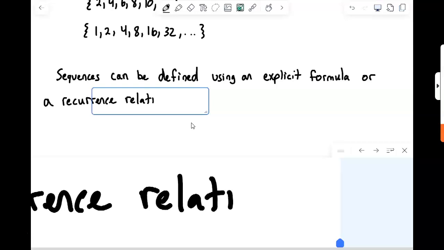I'm going to show you an example of each of those two ideas as we start to introduce sequences.